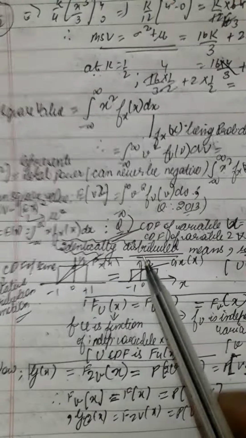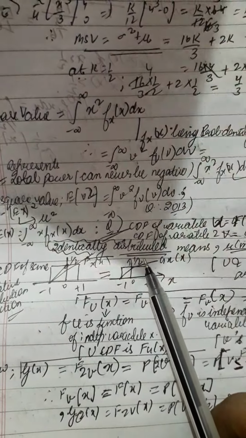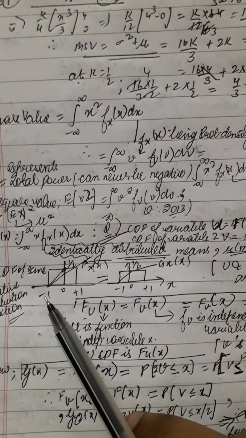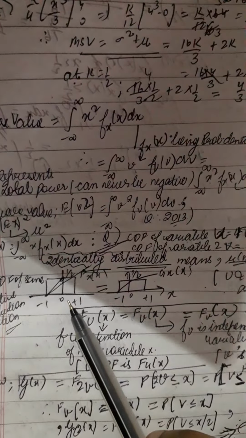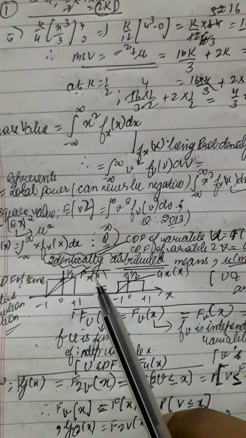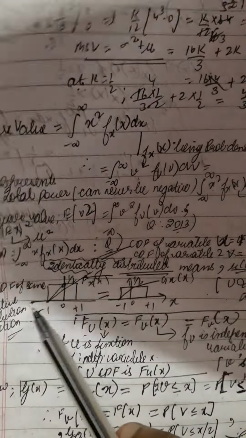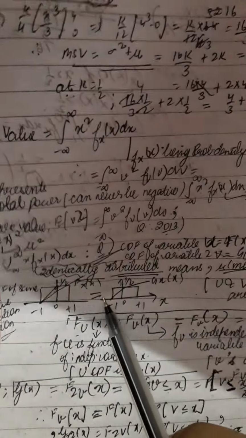You can see the graph over here. Both graphs look similar to each other, from -1 to +1. The function F of x takes values from -1 to 1, and from -infinity to -1 it is 0, and from +1 to infinity it is also 0 in both cases.